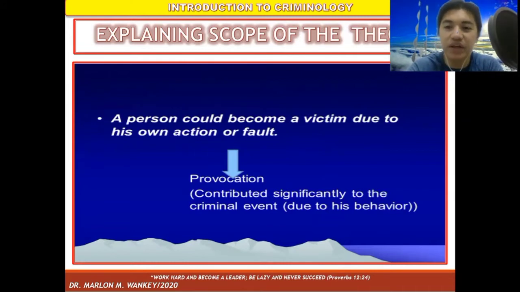Because there is a possibility that the person who attacked him or who gave him the serious injury might as well receive an injury. And the reason why the victim who received the serious injury was defending himself.